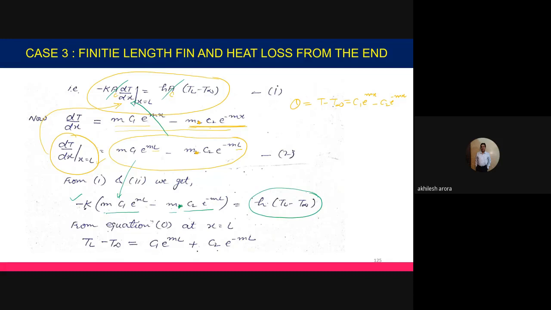Now from equation 0, which I think we have considered as equation number 0, at x is equal to L I can get the value of TL minus T infinity, because this TL minus T infinity is to be put here. That will be equal to C1 e raised to power mL plus C2 e raised to power minus mL.